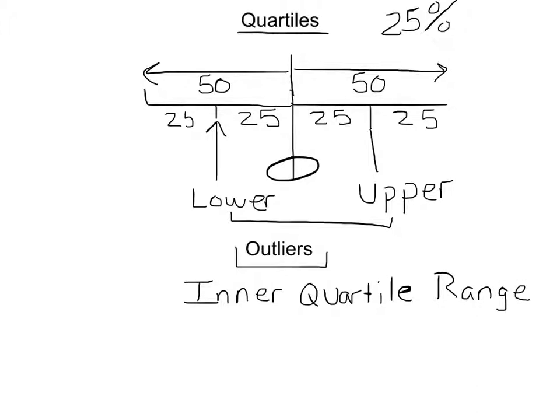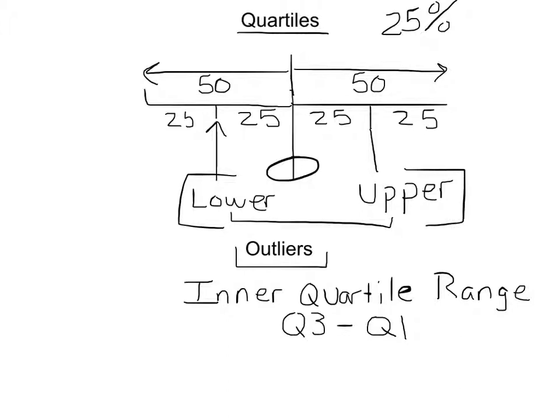Your interquartile range is going to be your third quartile or your upper quartile, and you're going to subtract your lower or your first quartile. And that's going to give you your interquartile range. It's basically going to give you the range from your lower to your upper.